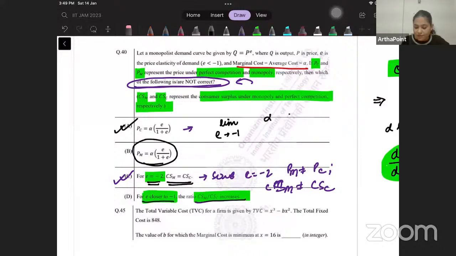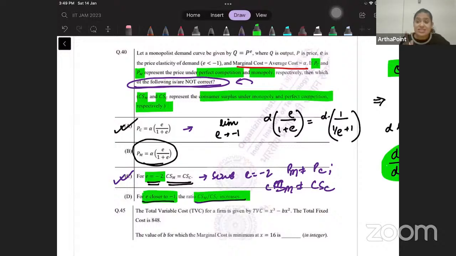For the price alpha E upon 1 plus E, I can rewrite this as alpha times 1 upon (1 by E plus 1), dividing numerator and denominator by E. If E is -1, this 1 by E becomes -1. So this will be alpha upon 1 minus 1, alpha by 0, which will be infinity.